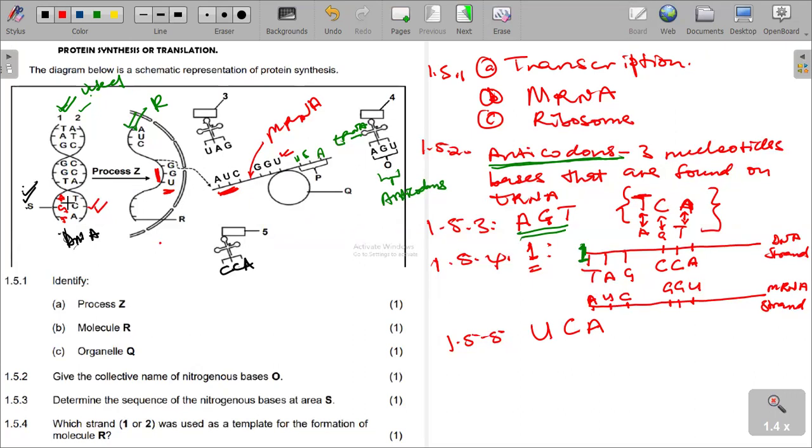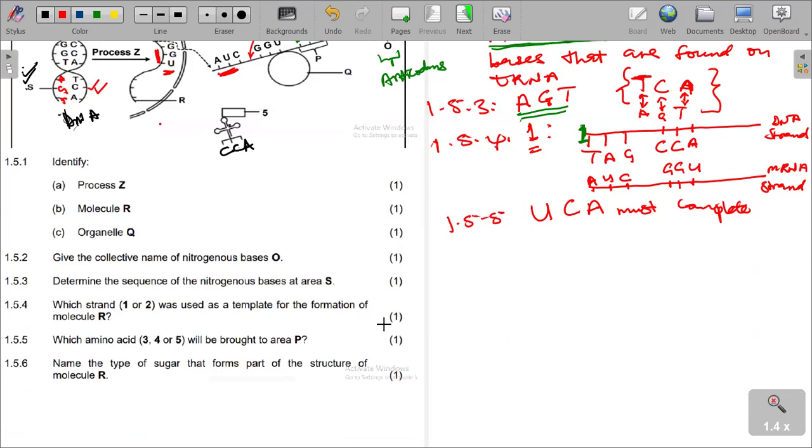UCA is not given, but UCA must be the answer in this case. UCA must be brought to area P.